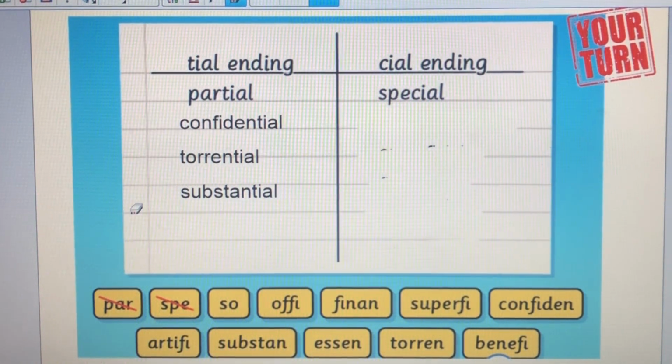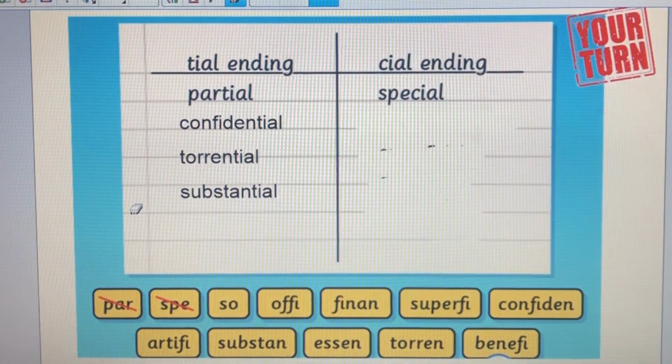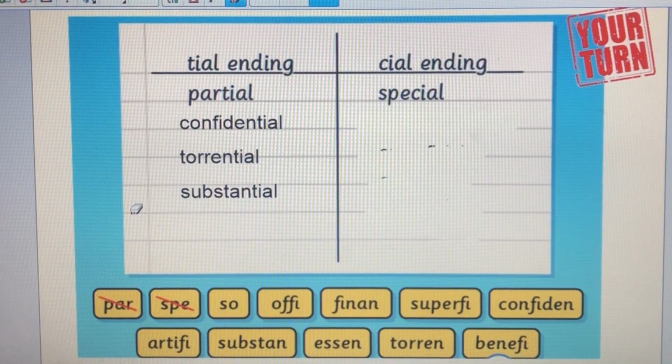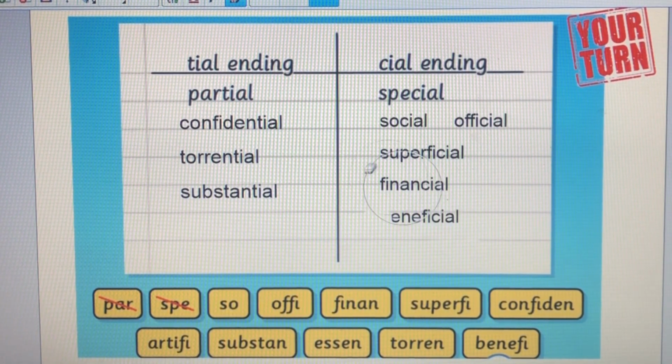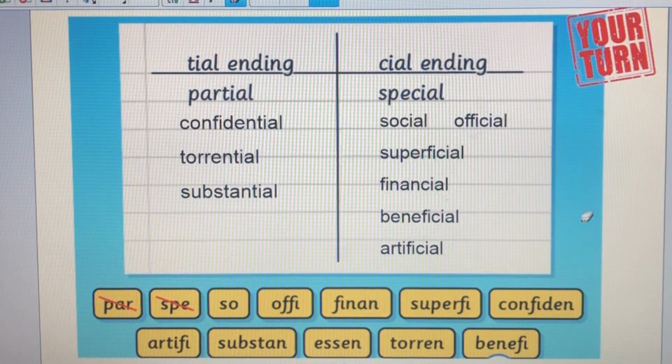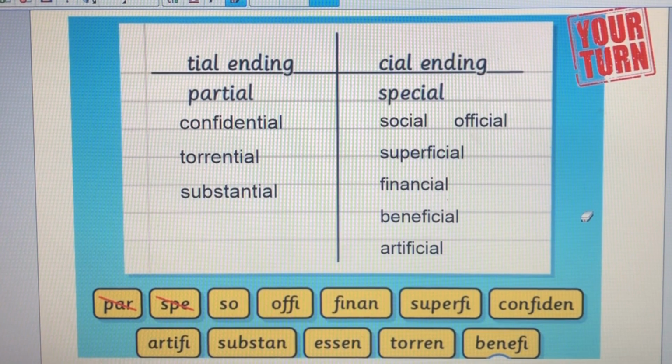All the words ending in T-I-A-L, confidential, torrential, substantial. And the words ending in C-I-A-L, social, official, superficial, financial, beneficial, artificial.